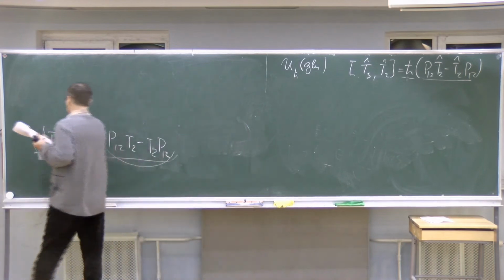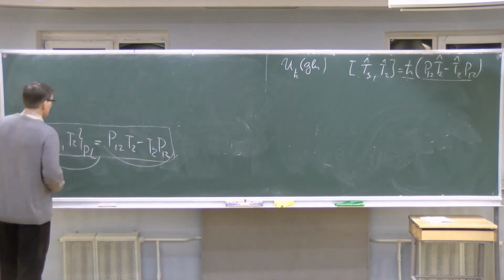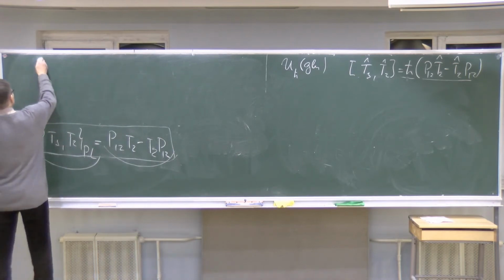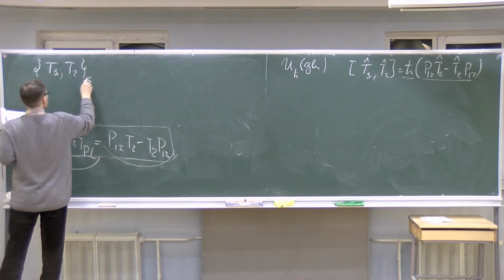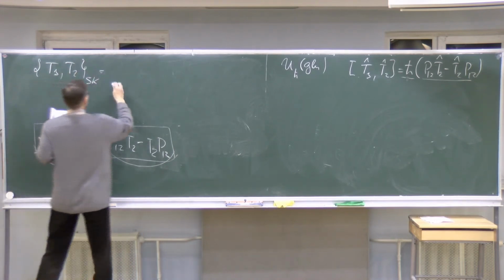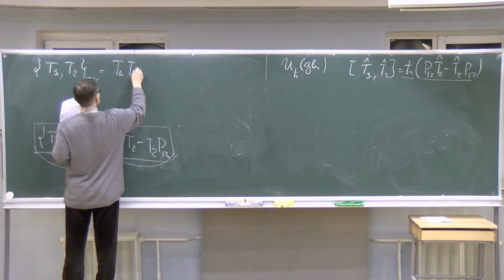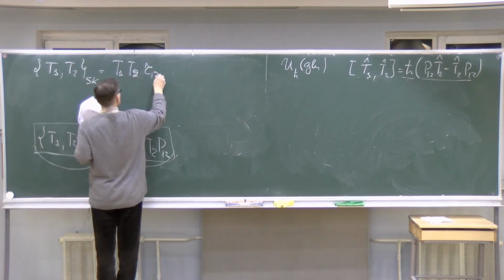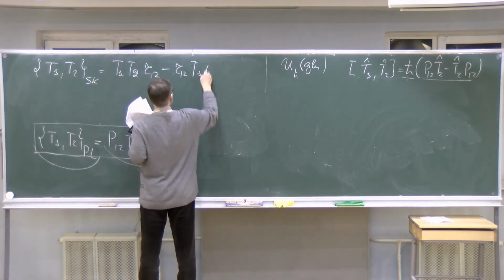I keep this Poisson-Lie bracket, and let us consider the following expression. The bracket of T1 and T2 is equal to T1 T2 R12 minus R12 T1 T2.